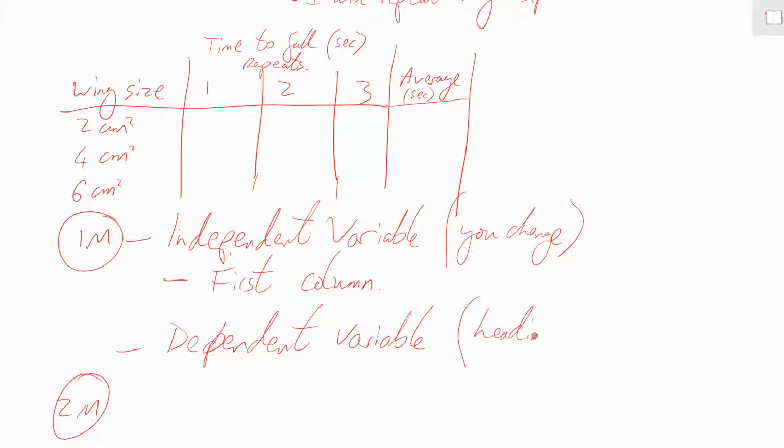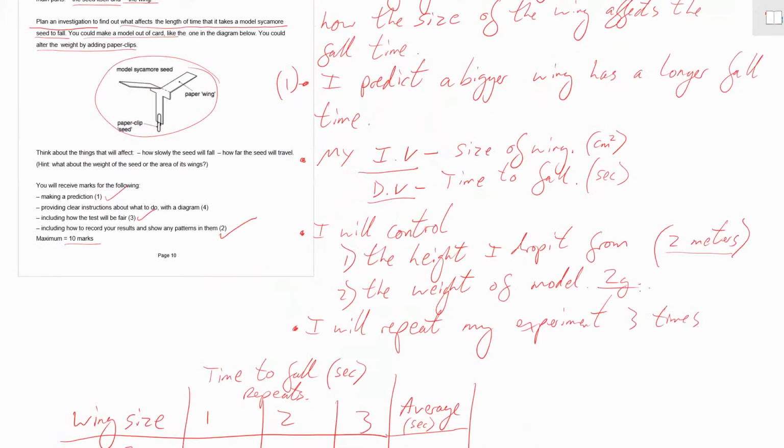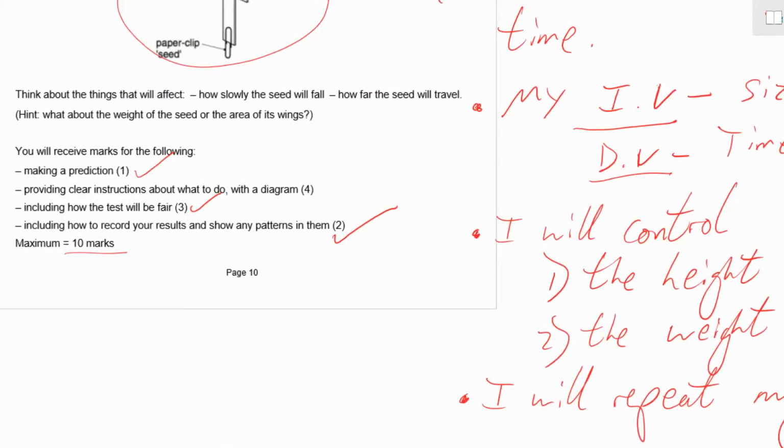So I've said this is the time to fall. And the second mark is you're going to want units. So seconds and centimeters squared in this case. Okay. And so that would get you the marks for how to record your results and show any patterns in them.